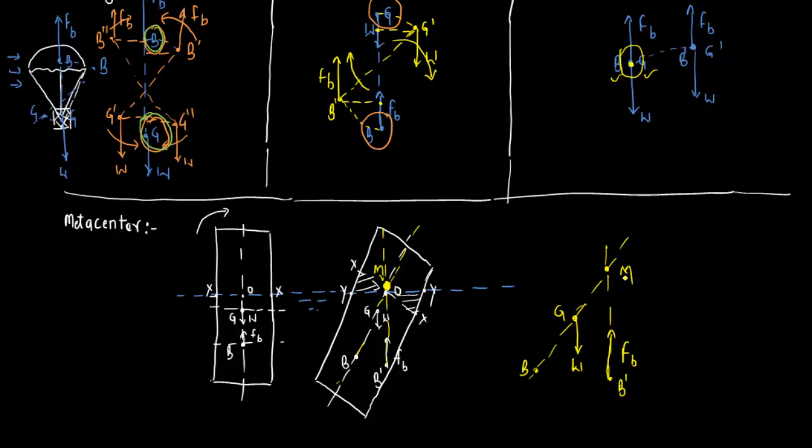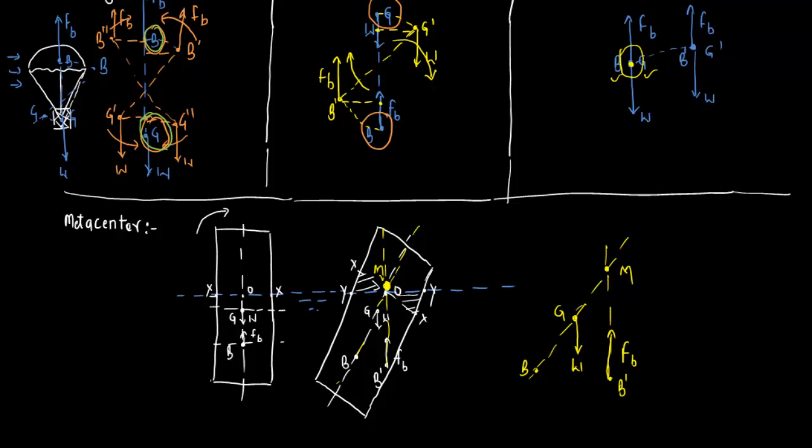Now, this point we are defining as the metacenter. So I'm repeating the definition of metacenter. What is metacenter? Metacenter is simply the intersection point of the line of action of buoyant force before and after the disturbance. Now we will define the stability of floating bodies based on the metacenter and center of gravity of this body.